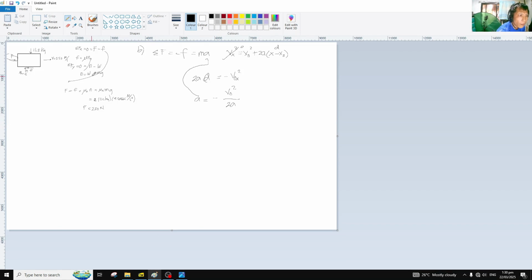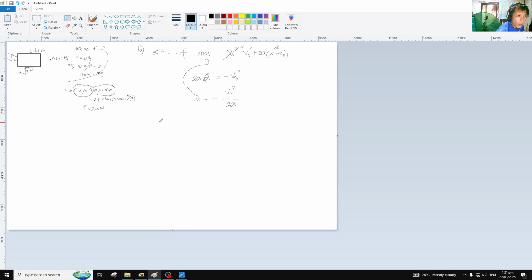Your summation of Fy will still be the same. So this guy over here, your frictional force is equal to mu k n, or equal to mu k mg. Your frictional force would still be valid, because F is not valid, but your F equal to mu k n and mu k mg is still valid because your n and mg are from your summation of forces on y, which is still the same, meaning first law.